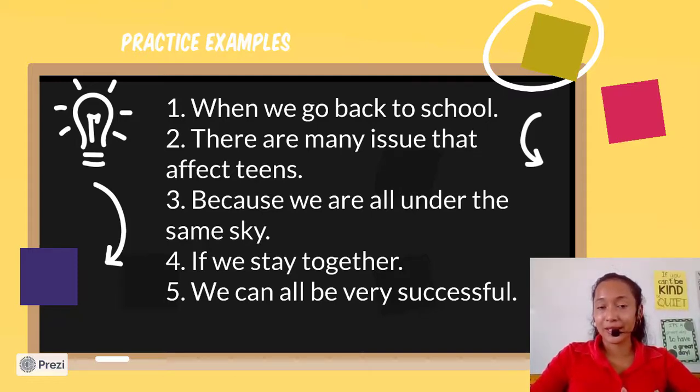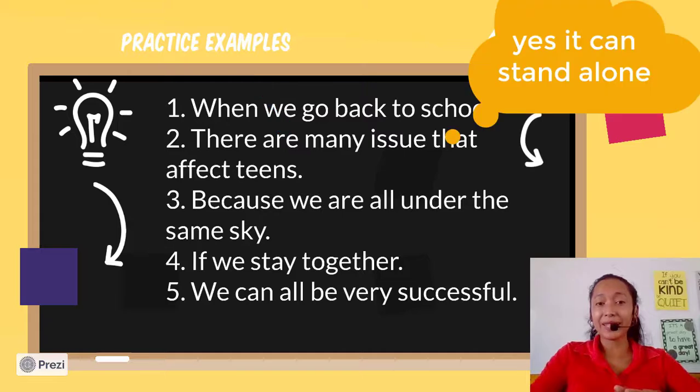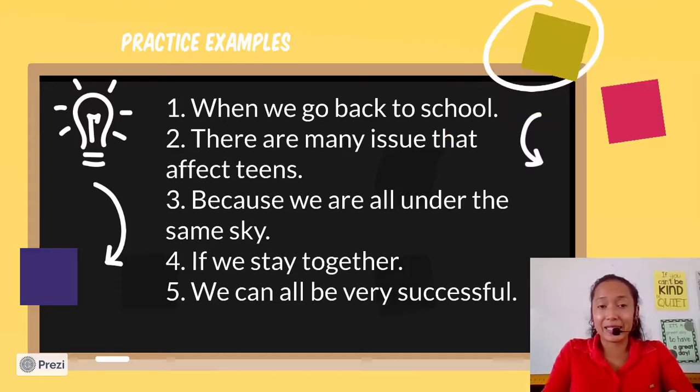Example number two says, there are many issues that affect teens. There is a subject. What is the subject? There is a verb. Yes, making it a clause. Can it stand alone as a sentence? Yes, this sentence completes the thought, right? It says there are many issues that affect teens. No questions asked, right? It has subject, verb, complete thought. Example number three.